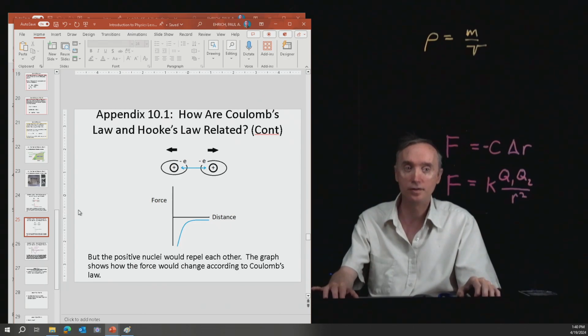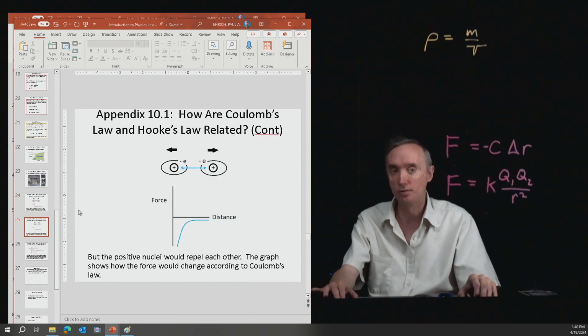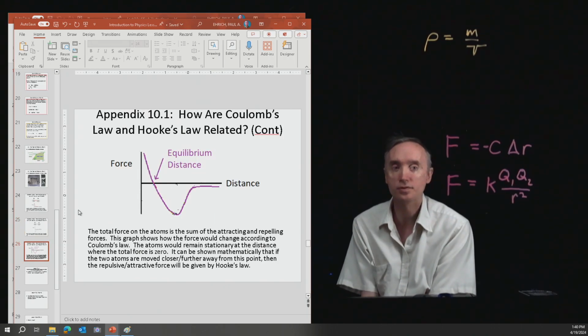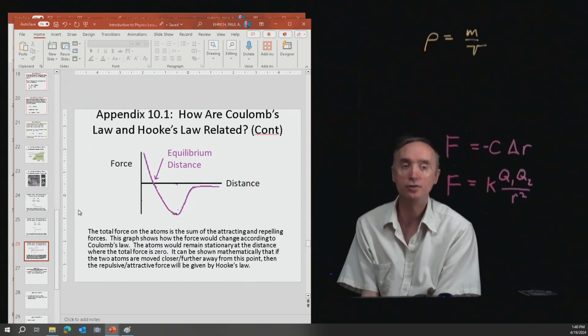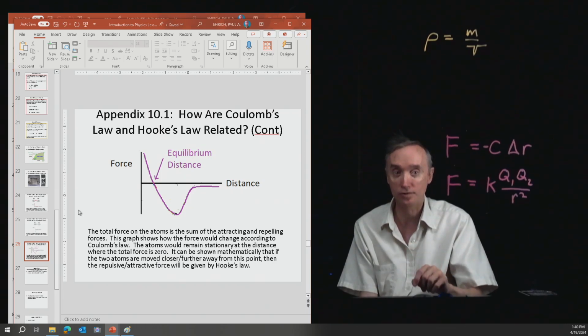So we're going to take this graph, which is the attraction for the electrons on the protons, and then we're going to take this graph, which is the repulsion of the protons on the protons, and put them together, and then you end up with this graph here. You notice that it has elements of both graphs on it. When it's really, really close, it's going to be repulsive.